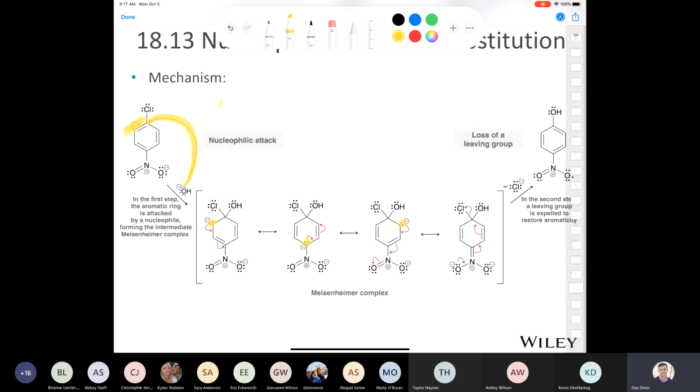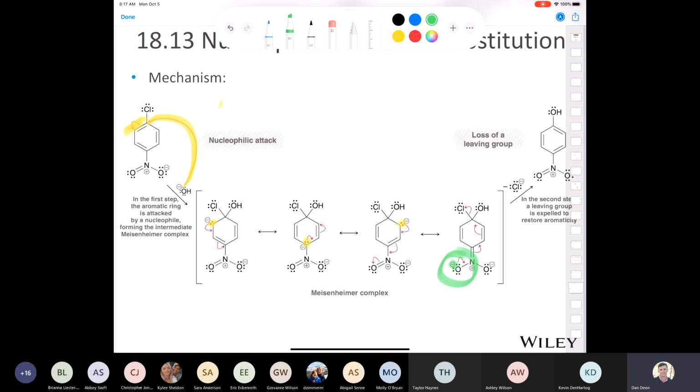But what else? Why does that nitro group have to be ortho or para? Because we can also draw that negative charge down on the oxygen of the nitro group as well. Okay, and that is what serves to further stabilize that Meisenheimer complex.